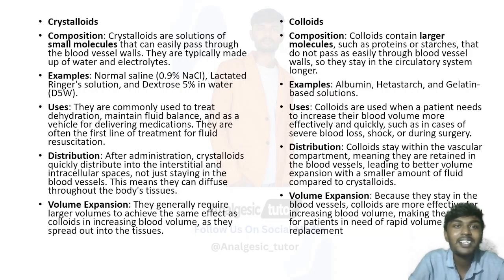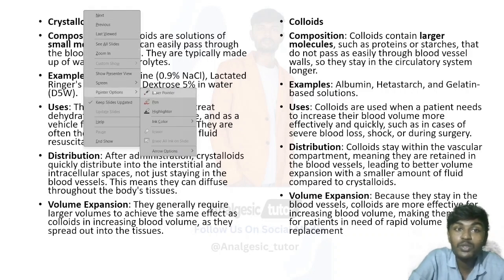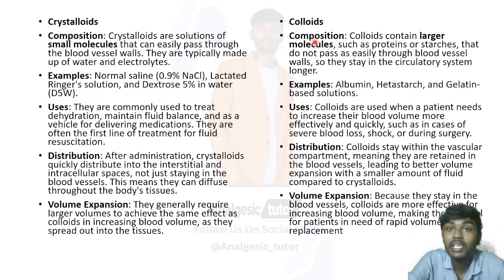Crystalloids are the solutions which contain small molecules, and colloids contain large molecules. Crystalloids can easily pass through blood vessels, but colloids cannot easily pass through blood vessel walls. Crystalloids consist of water and electrolytes, and colloids consist of protein or starches.